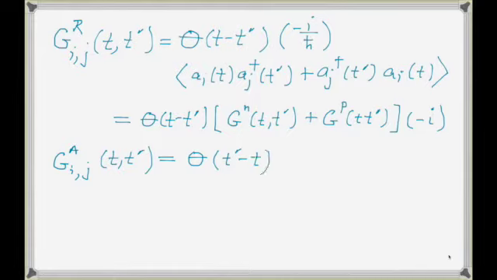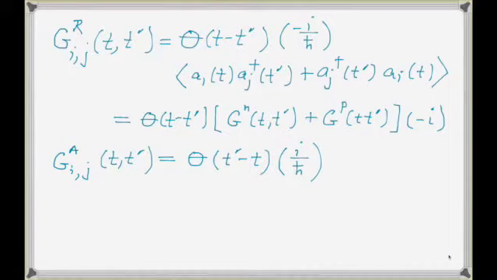So these things never exist simultaneously. You either have theta t minus t prime is 1 and the other one's 0, or vice versa. If you add these two things together, we'll talk about that in a second. The other difference is the sign on that i is switched, so instead of minus i over h bar, it's now plus i over h bar.